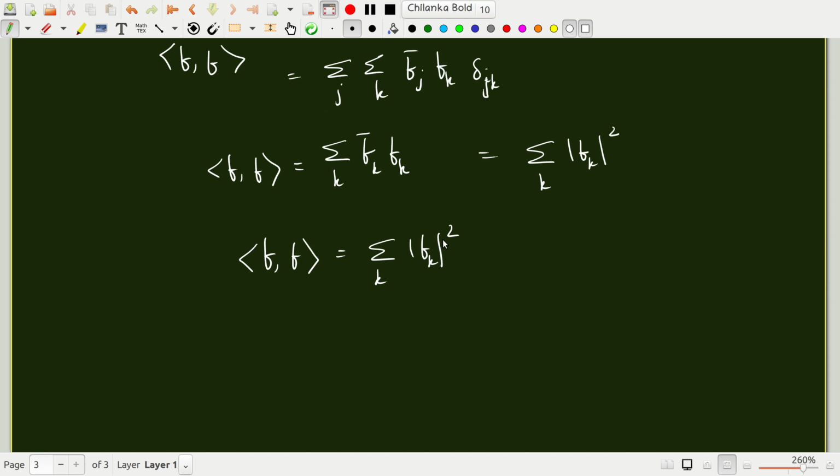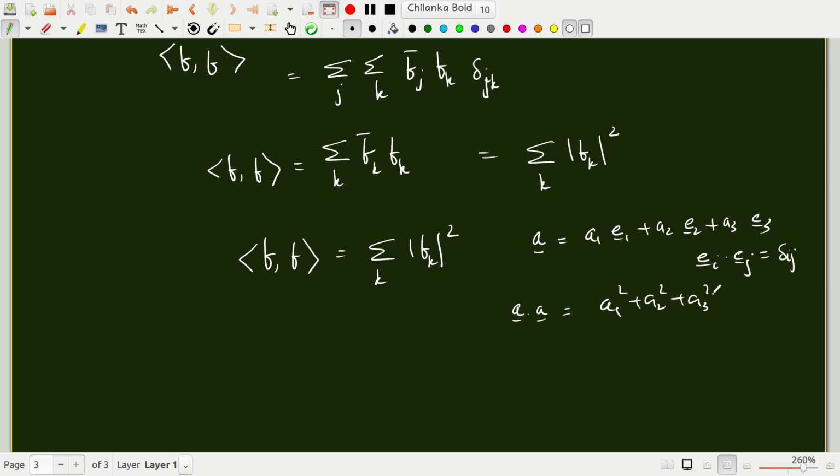Now this is not something that's very unique, because if I take a vector A in 3 dimensions, a1 e1 plus a2 e2 plus a3 e3, and let's assume that the unit vectors are orthogonal, then a dot a will be a1 squared plus a2 squared plus a3 squared.